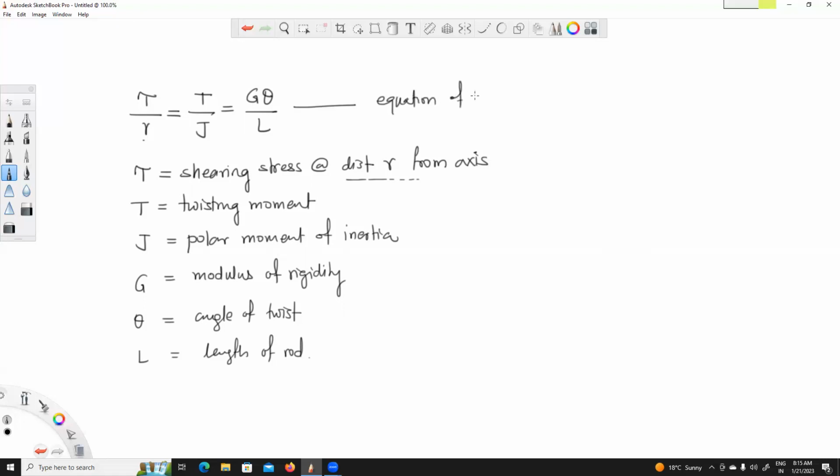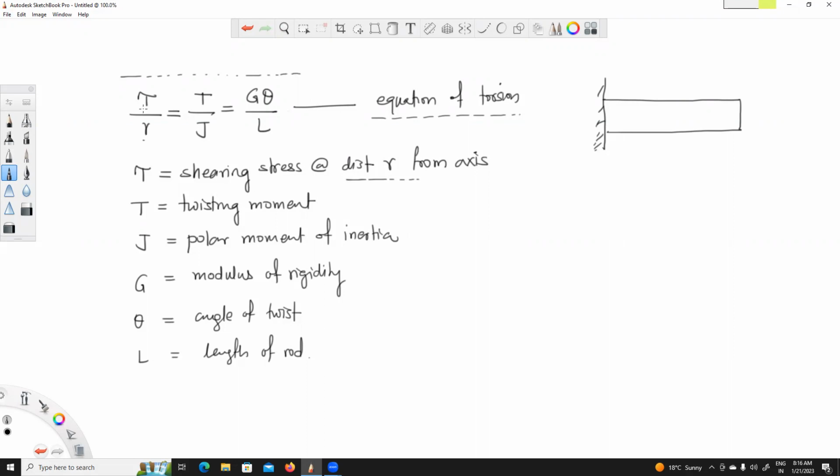It is exactly analogous to what we studied for bending. Suppose we have a cantilever beam like this, and instead of applying a transverse load at a certain position, we apply a couple at a certain position from the fixed end. Then it is going to twist, and we can see the shearing stresses developed in this beam, and this is the expression for those shearing stresses.